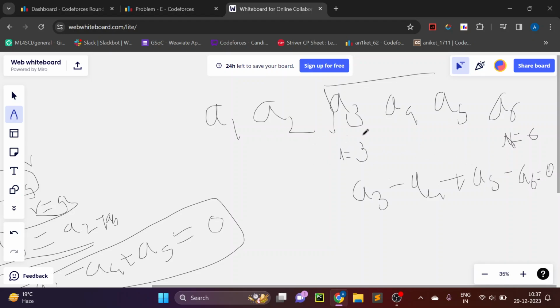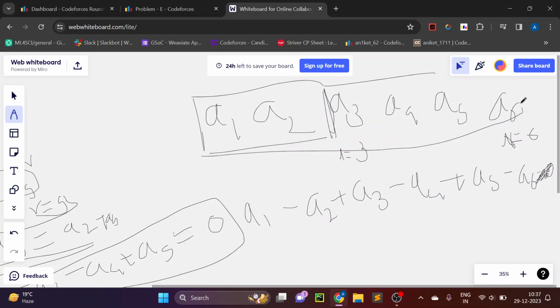Now how to check this without an n square loop? What if we add this also in this, A1 minus A2 plus A3, so this will not be equal to 0, and this is total, and we have to subtract this from this. Then we can get this subarray sum.